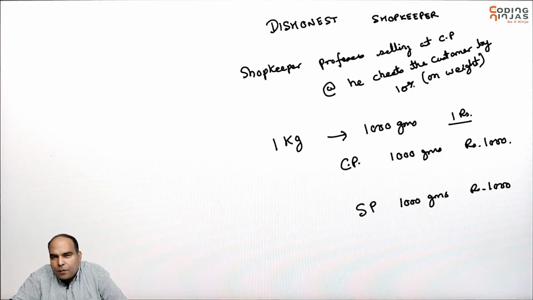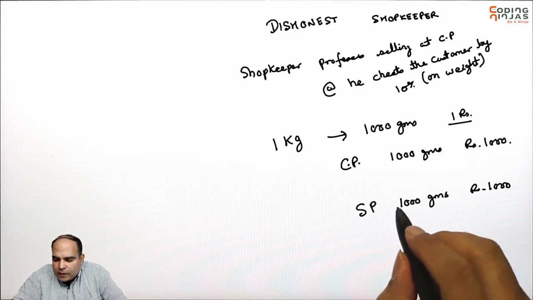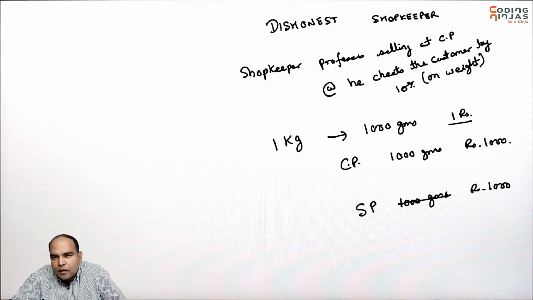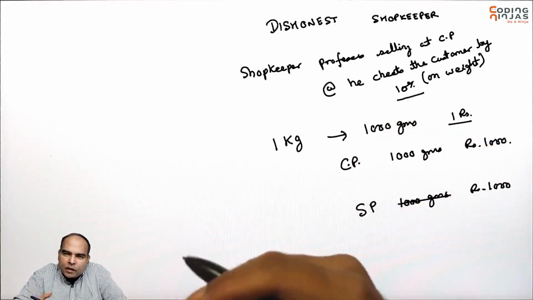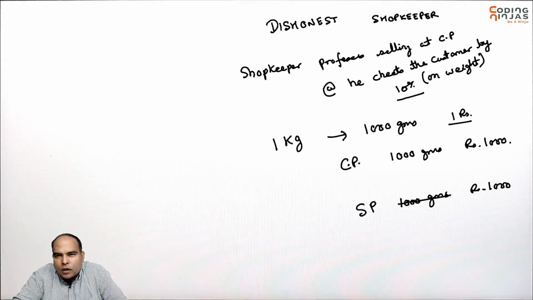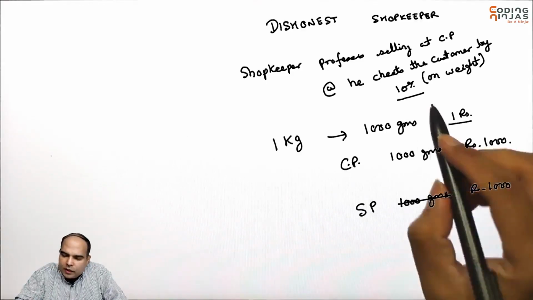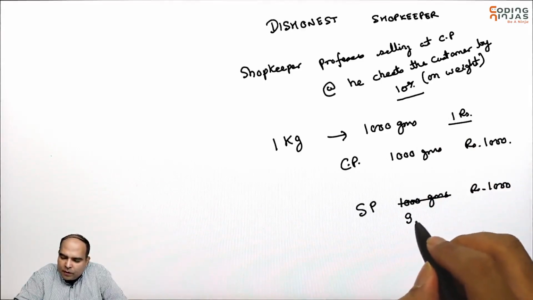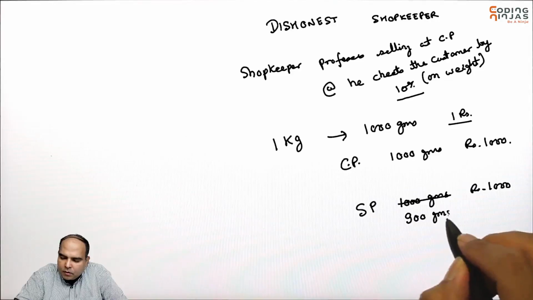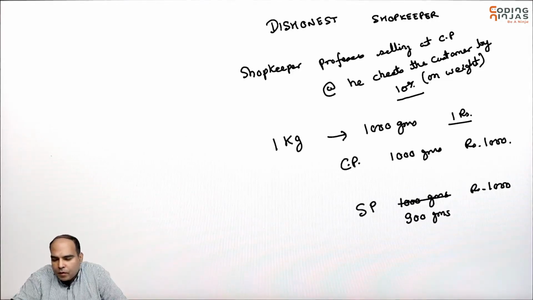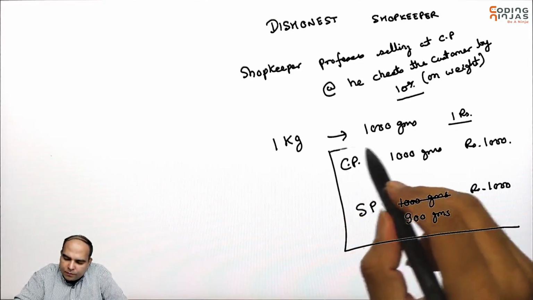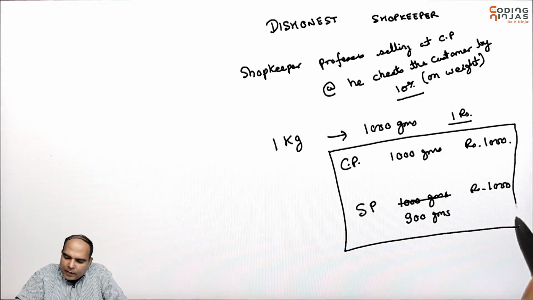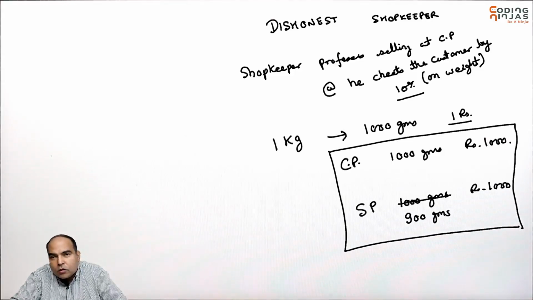But the only problem is, while selling 1000 grams, he only gives 900 grams, because he cheats the customer. When he cheats the customer, he gives less than what the customer is paying for. So he's cheating by 10%, which means he's only giving 900 grams. So the cost price of 1000 grams is 1000 and the selling price of 900 grams is also 1000.